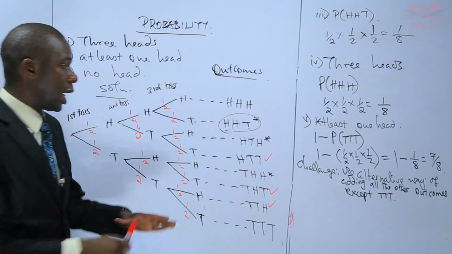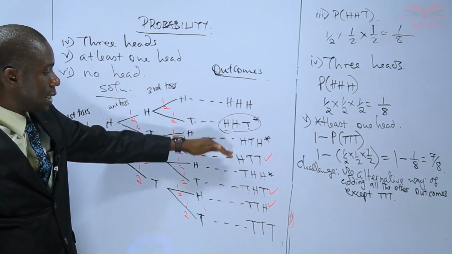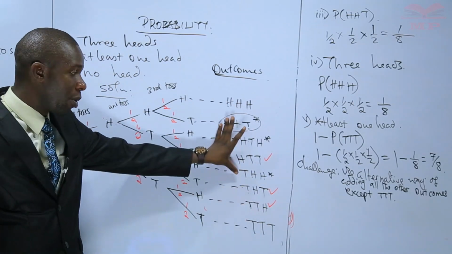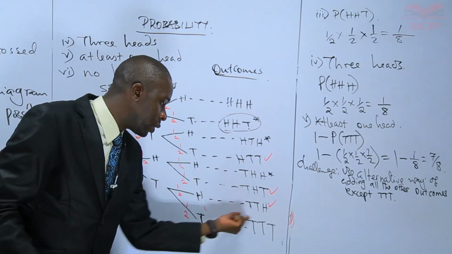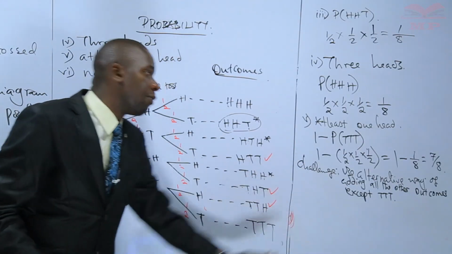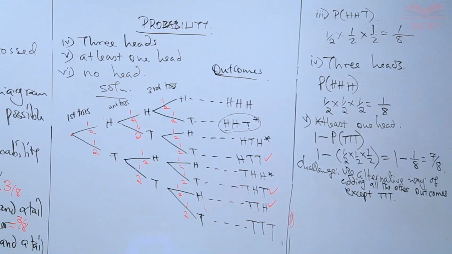So I'm giving you that challenge. Can you try adding these ones and see if you'll end up with the same probability? And don't add tail, tail, tail, so that we see if we end up with the same probability.